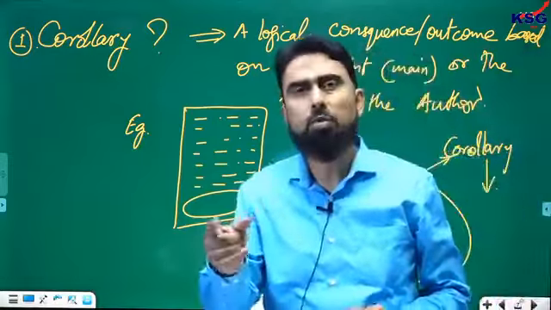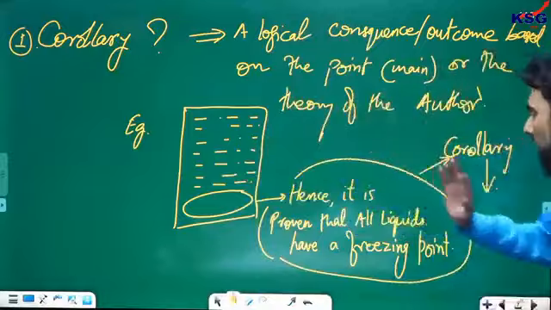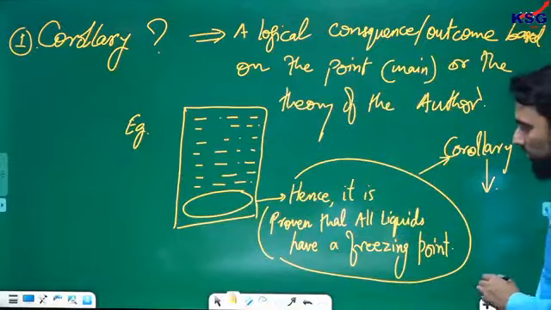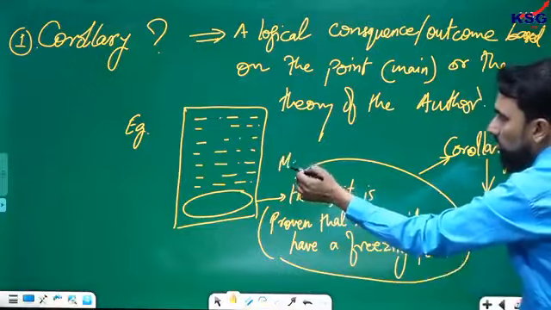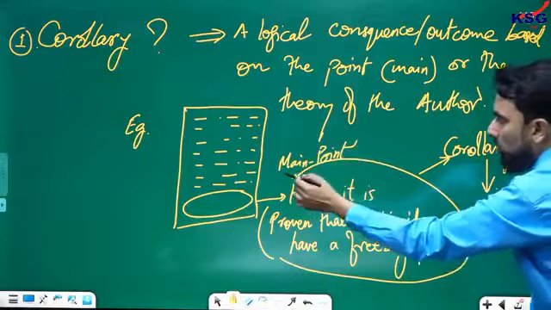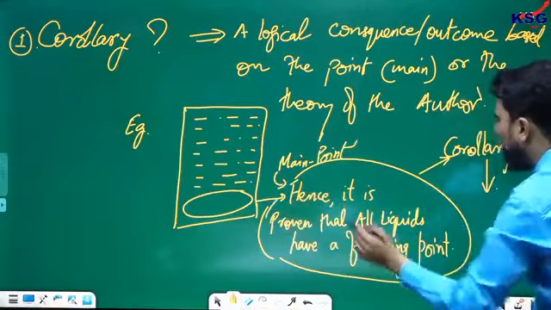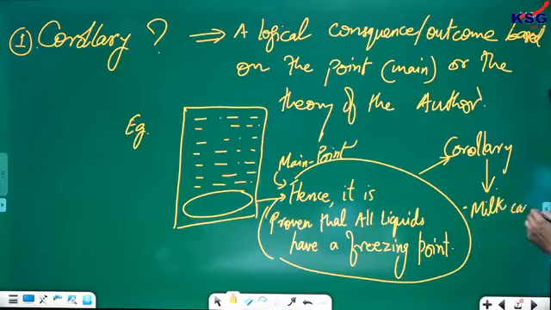Do remember, it should be the main point, the theory, not any other point, secondary or tertiary level point, no. After looking at this main finding, main conclusion, which is the main point or the theory of the scientist, you make a corollary, and the corollary is that milk can be frozen.